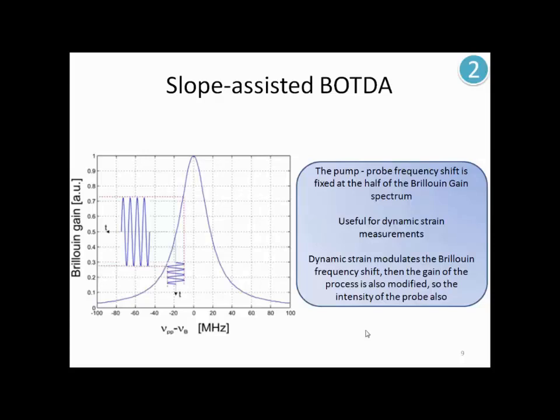Then the gain of the process is also modified, because we are in different parts of the slope of the Brillouin spectrum. So it's very useful to try to measure dynamic strains or dynamic changes in the surroundings of the optical fiber.